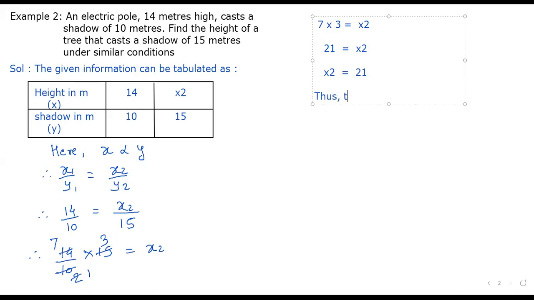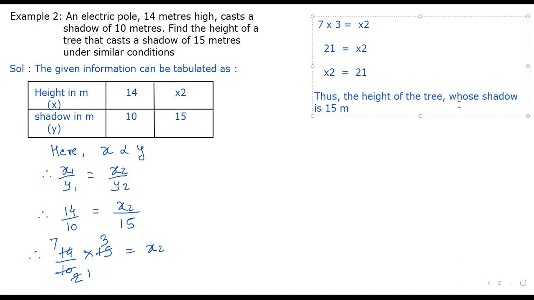Thus what should I write? The height of the tree whose shadow is 15 meters is 21 meters.